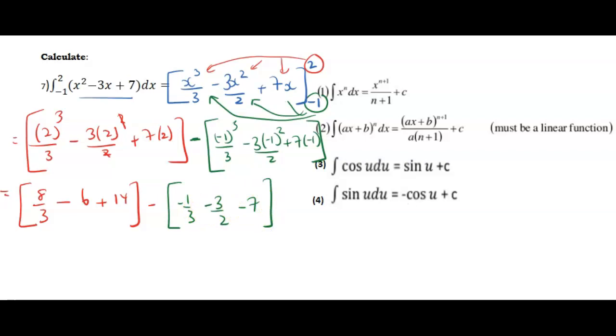Now working this out, you're going to work out the red and then work out the green and then minus the two answers. We are going to get 10 and 2/3 minus 8 and 5/6, and working this out we get 19 and a half. So this is our answer.